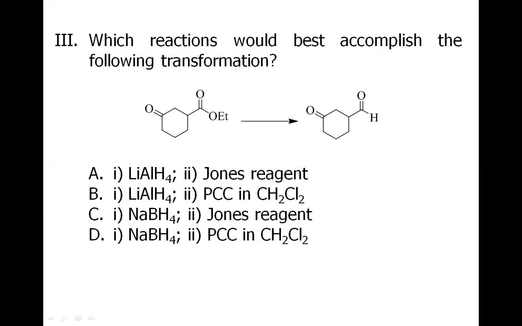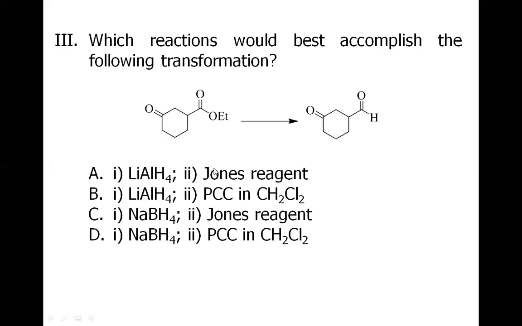Now let's focus on option A and B, lithium aluminum hydride. They have the same, so definitely this ester will be reduced to the primary alcohol, as we know, the reduction of ester with the lithium aluminum hydride, and also this ketone will be reduced to secondary alcohol. So it's same for option A and B for the first step.